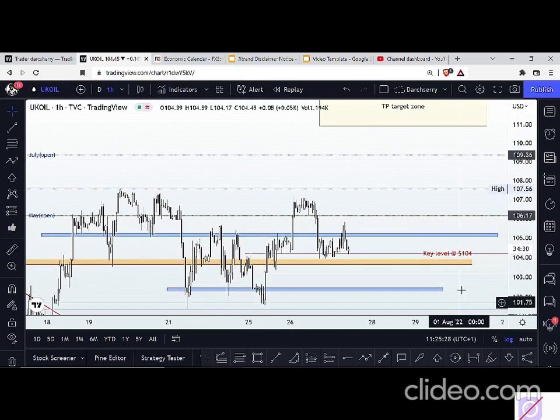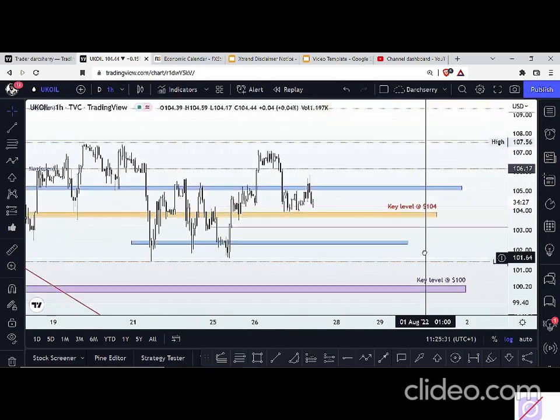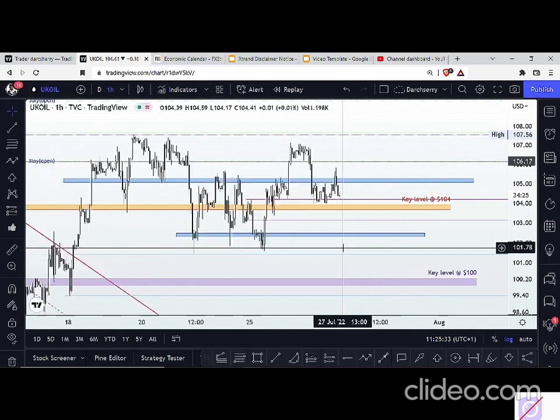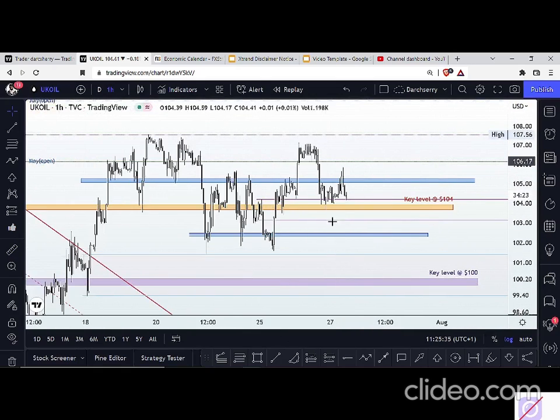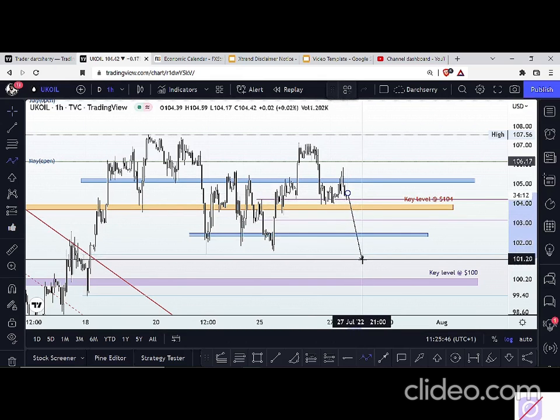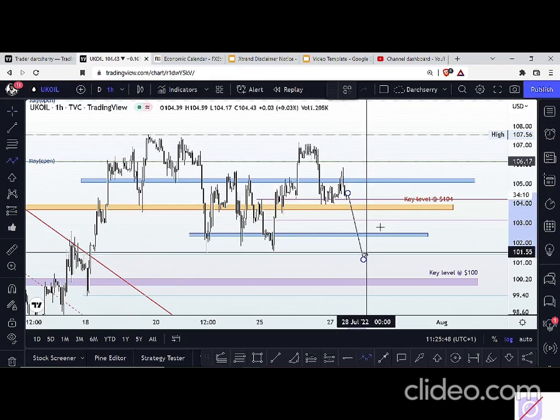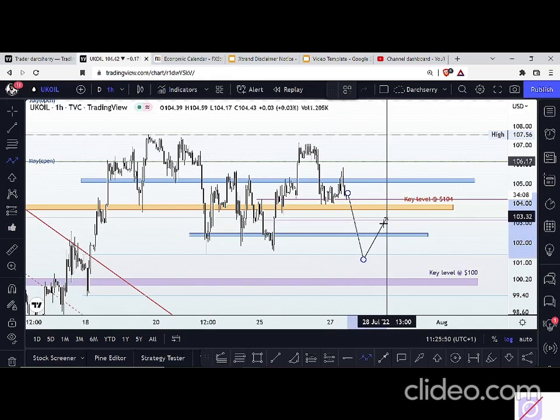Then the other scenario I told you I want to be looking out for is if we are going to be having a selling momentum, I want to see a significant breakdown of this level. So I want to see a huge engulfing candle take price right through the $102 mark, and that should be my signal. Then I want to wait for confirmation in the form of a retest of structure.